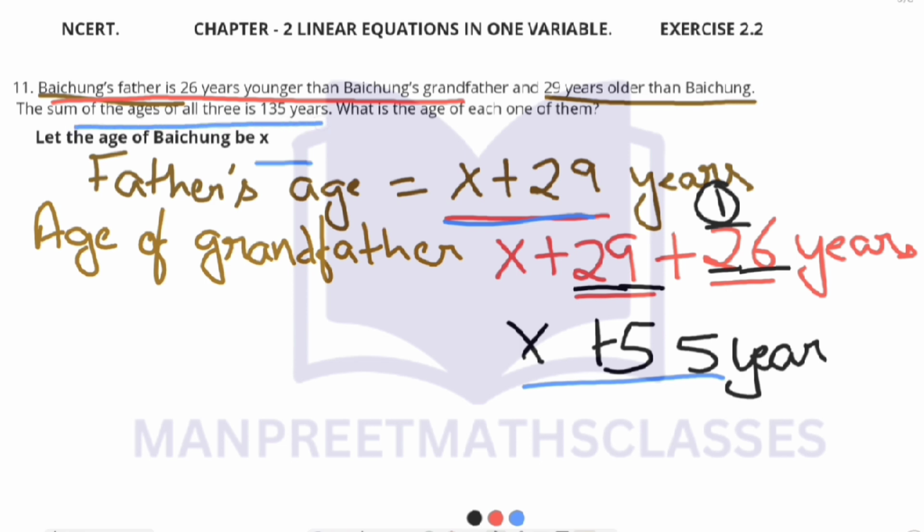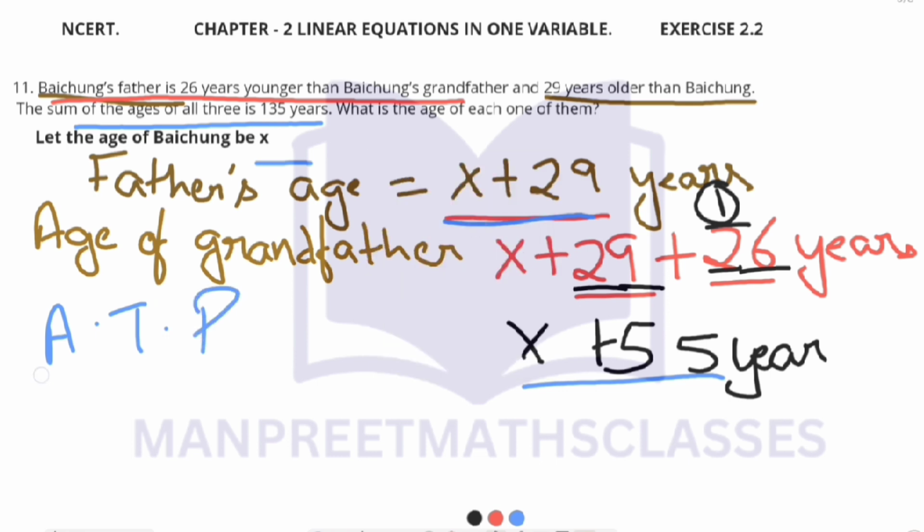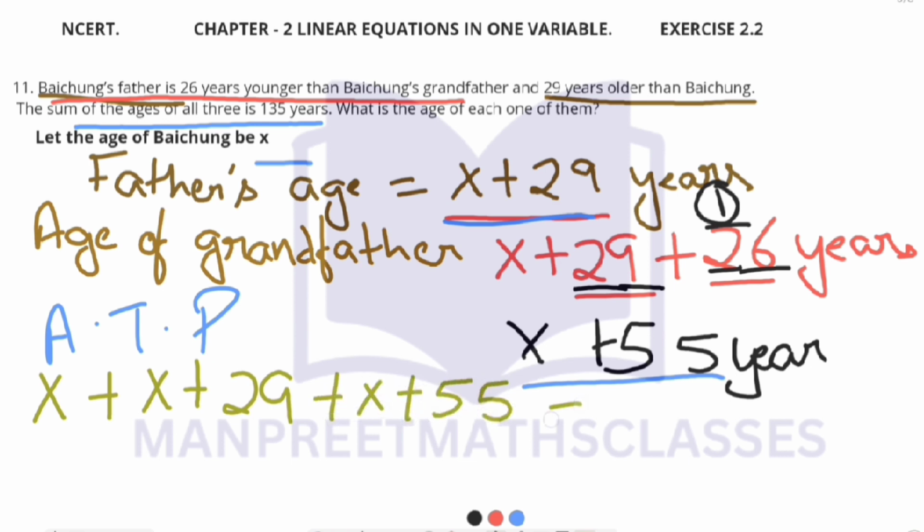Sum of the ages of all three. इन तीनों की एज का सम गिवन है, that is 135. So according to the problem, let's add their ages. Baichung's age x, plus x plus 29, plus x plus 55, is equal to, what is given? 135 years. So 135.